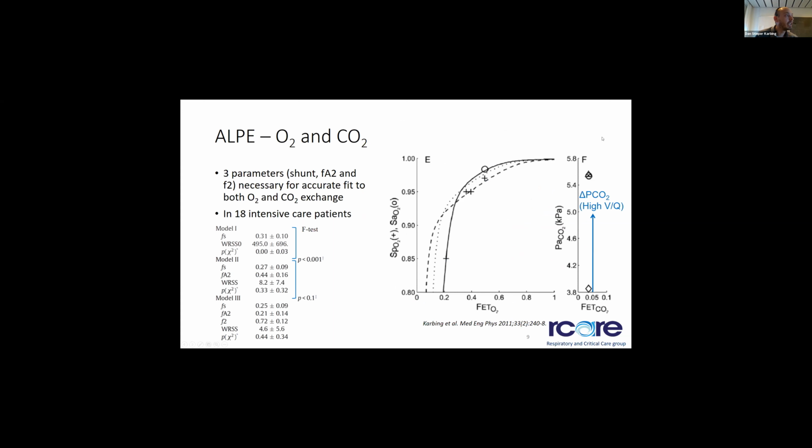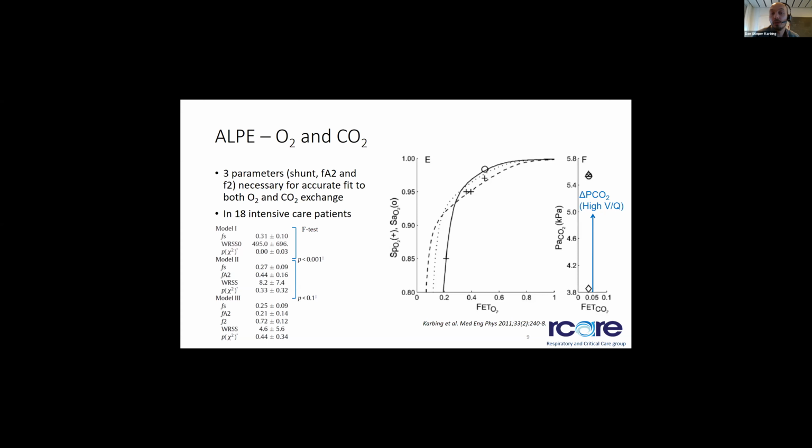And this means that the data set has been added here to the right, describing CO2, where we know that the end tidal to arterial difference in CO2 partial pressure is an indication of high VQ mismatch. And this allows us to identify all 3 parameters, shunt, FA2, and F2.